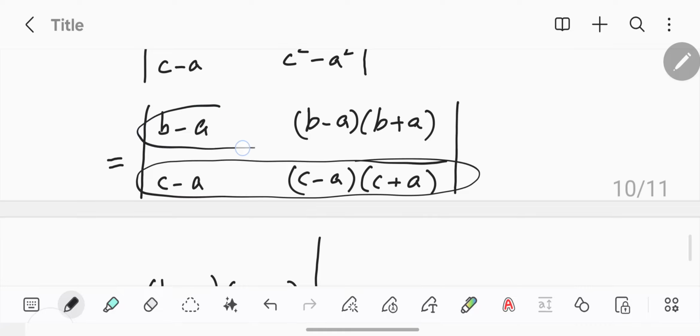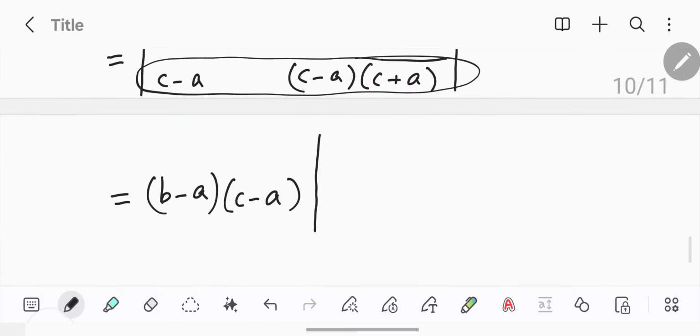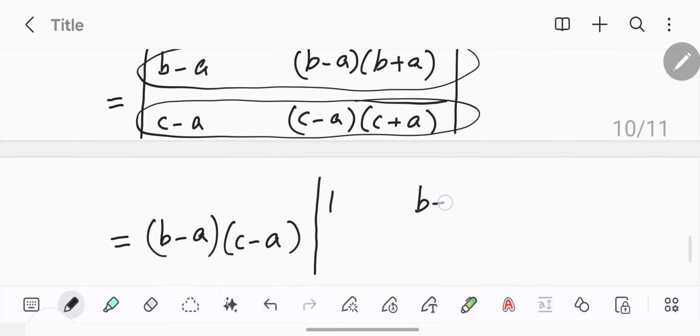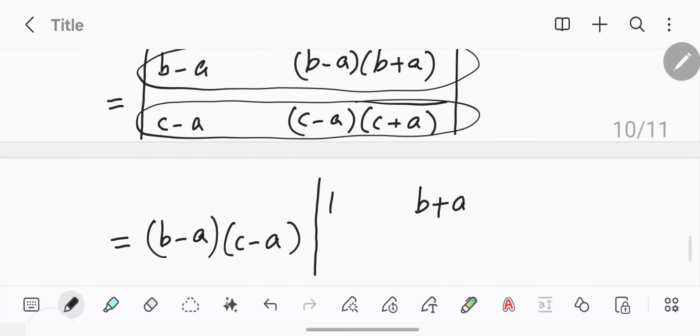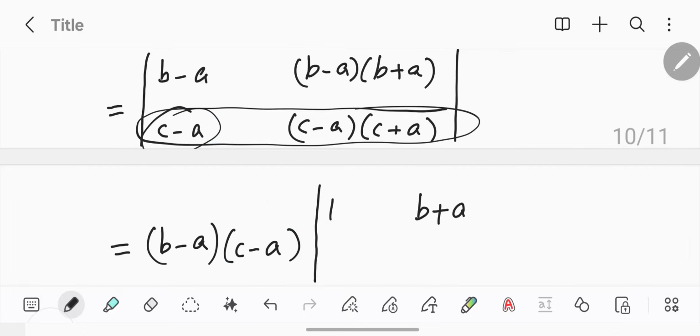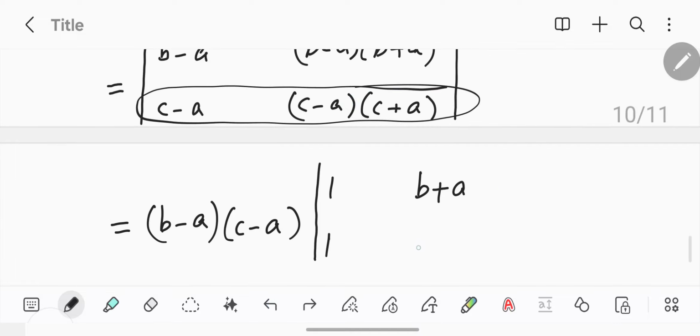Since in the first row b minus a is already taken common, here I will be left with 1, so I will write 1. And here, since b minus a is already out, I will only be left with b plus a. Okay? If we go to the second row, c minus a is already taken out, so here I will write 1. Since c minus a is already taken out, I will be left with c plus a. So I will write c plus a here.